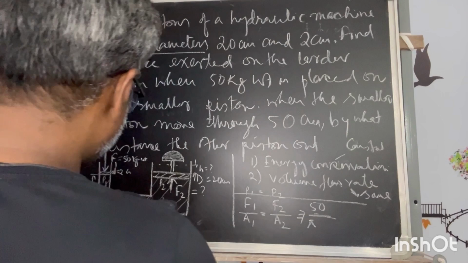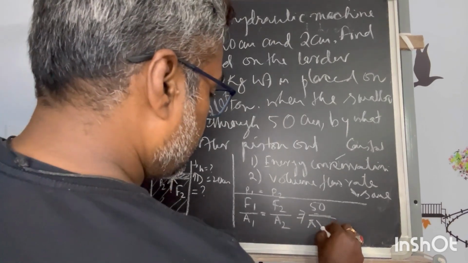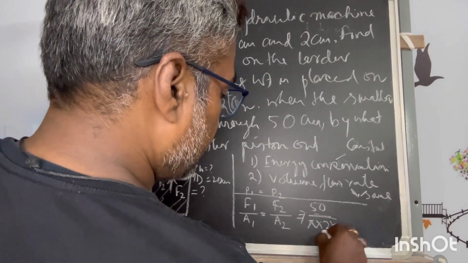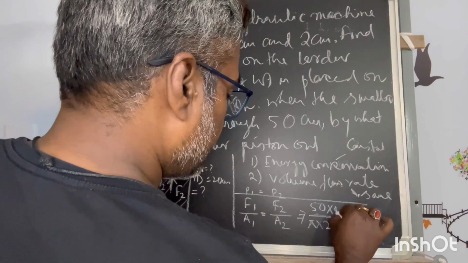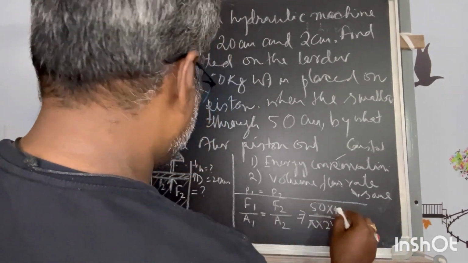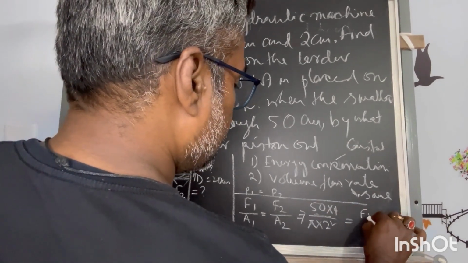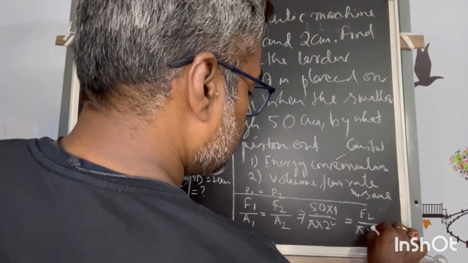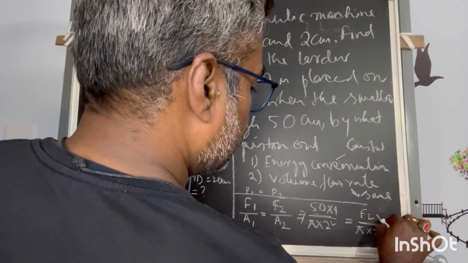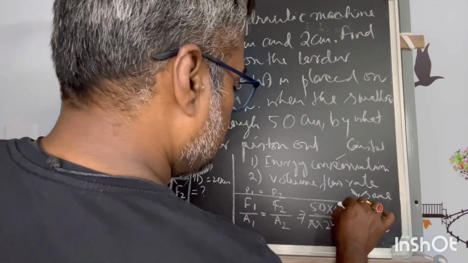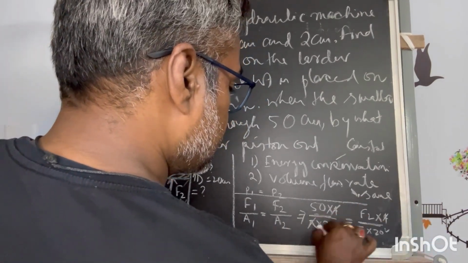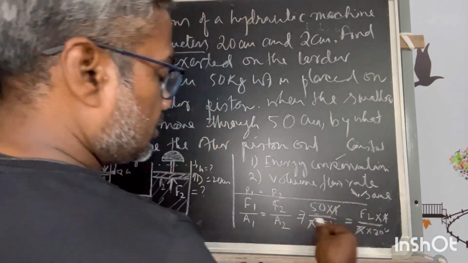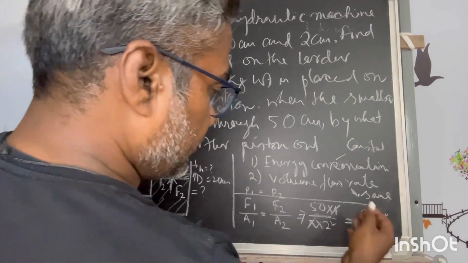So pi into d square, 2 square by 4, is equal to F2, which we don't know and has to be calculated, over A2, which is pi d square, for this case 20 square by 4. The equal things can be cancelled, because they will not change any value in the calculation.